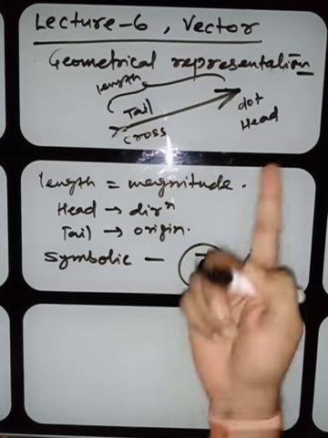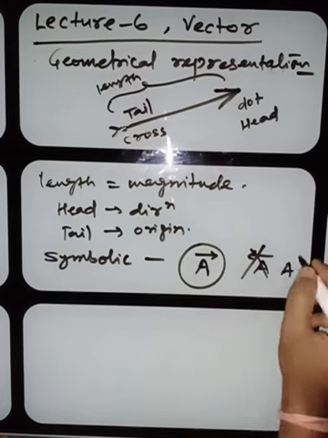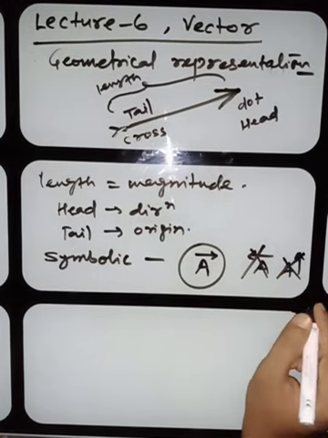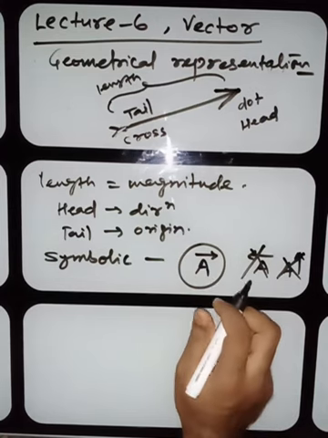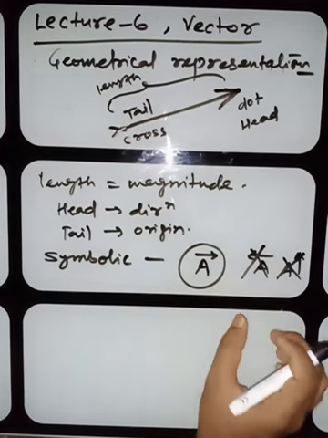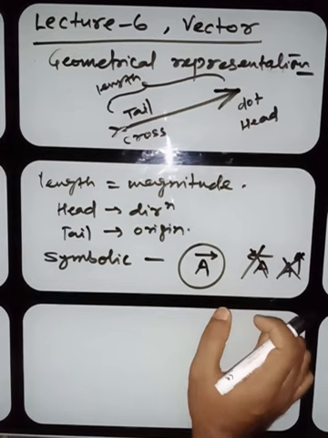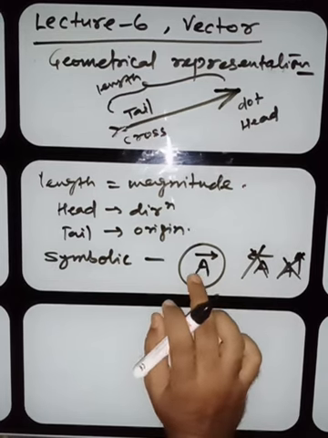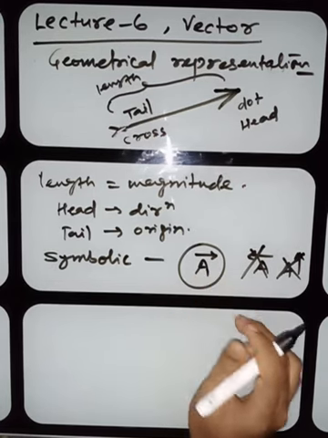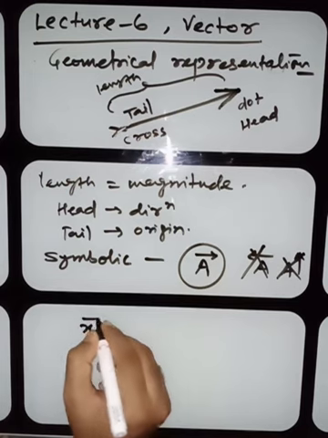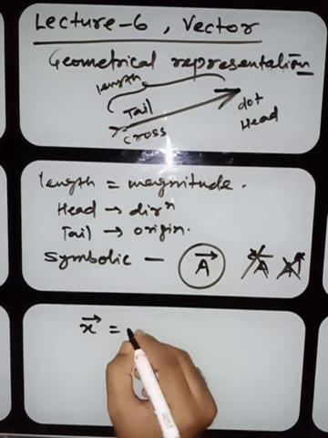If the vector is in an upward direction, you will not make A in this way. No, these are wrong. This is the only symbolic representation. You have to put an arrow over the head of the quantity, and that will make it a vector quantity. If you put an arrow over x, it is called vector x.